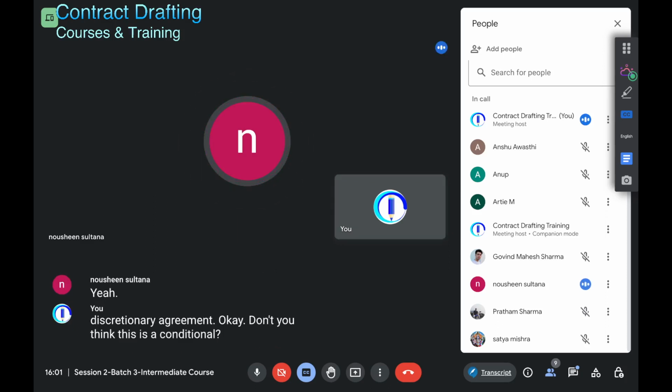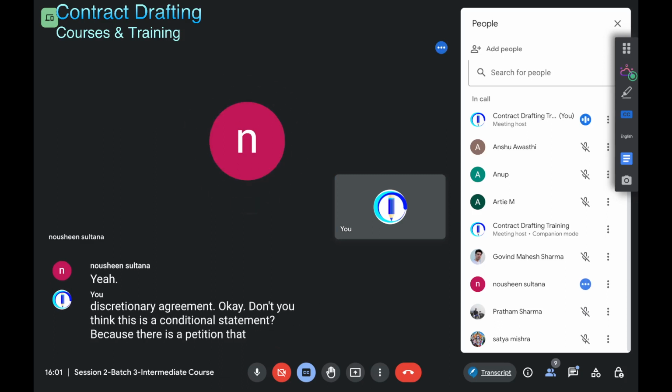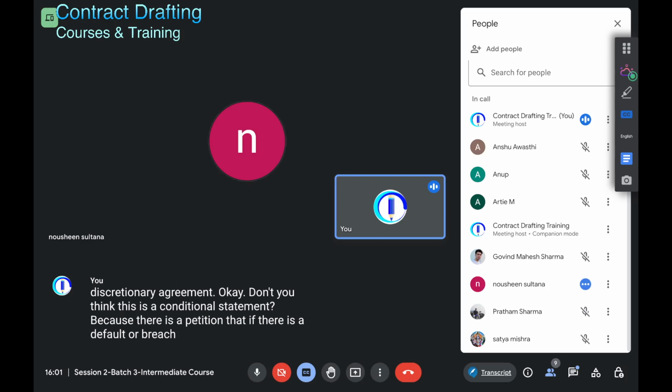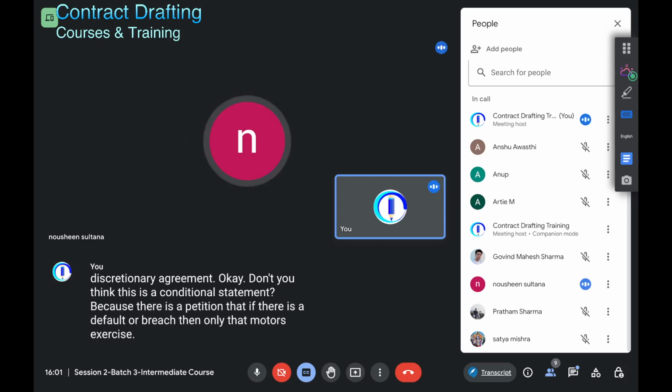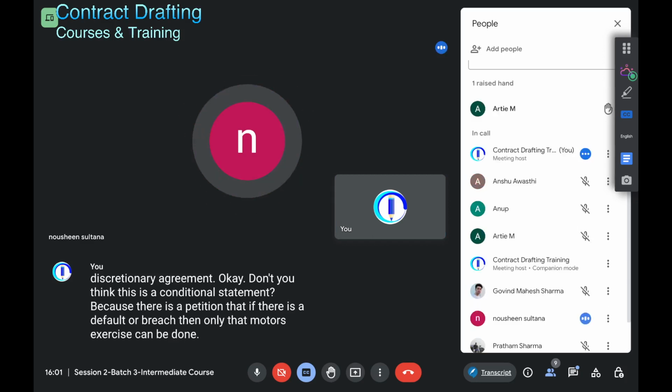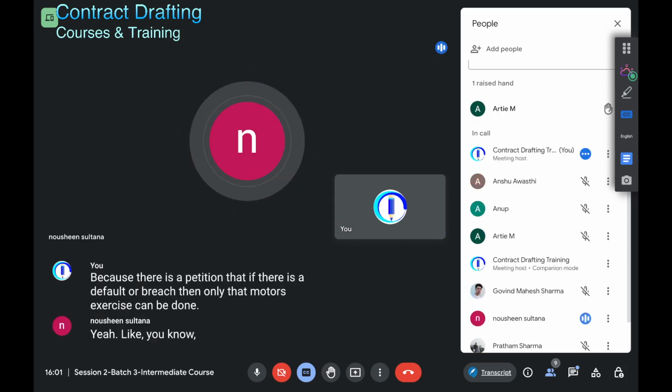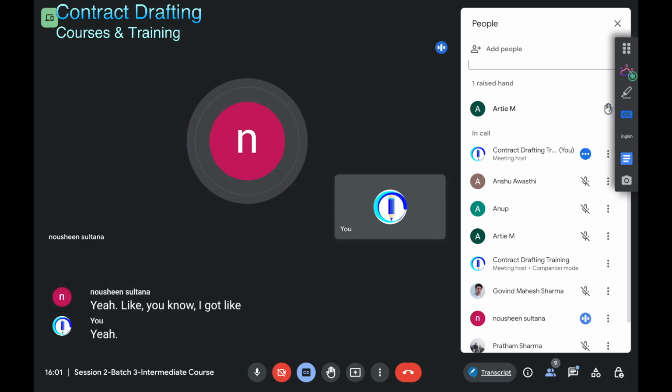Because there is a condition that if there is a default or breach, then only that notice can be given. Arti ji, go ahead.